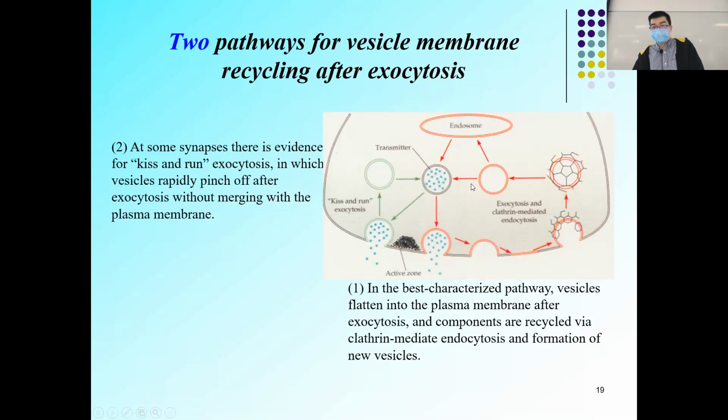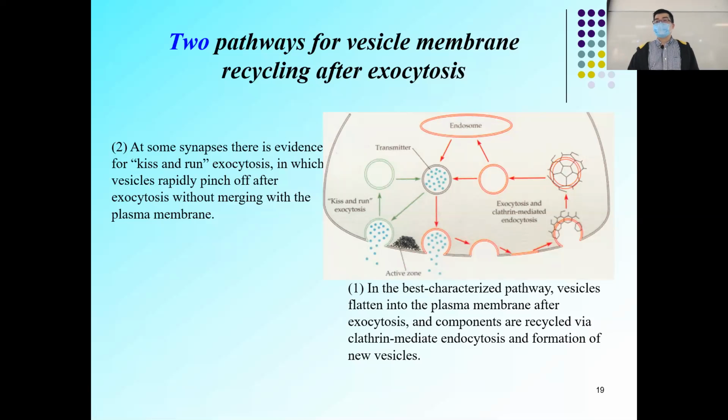So why do we think that there are two processes? What is the advantage of these two? So you can go to the endosome, or you can go to the neurotransmitter. The endosome can go back to the vesicle. Because you can take up some of the molecules from the synaptic cleft to modify the neuron.